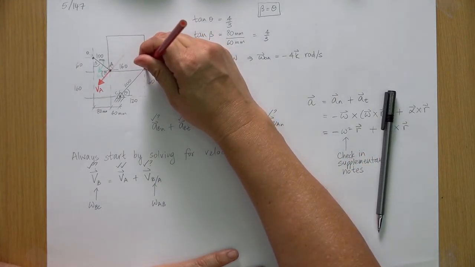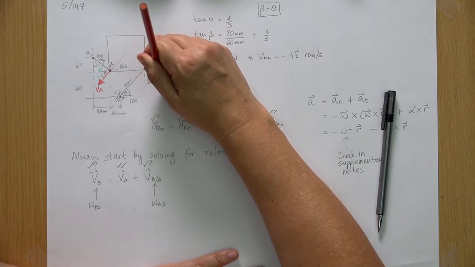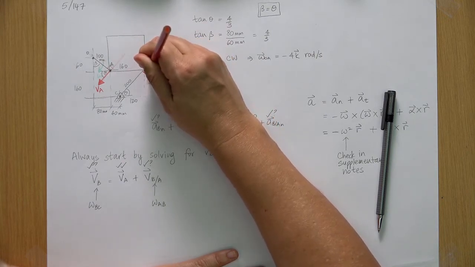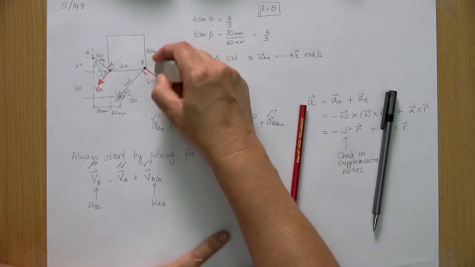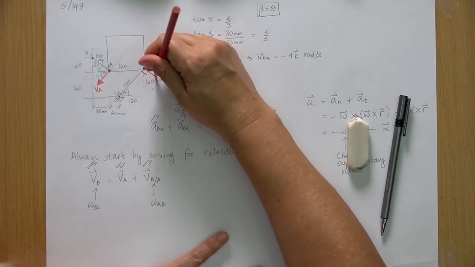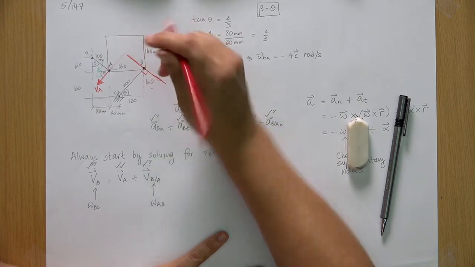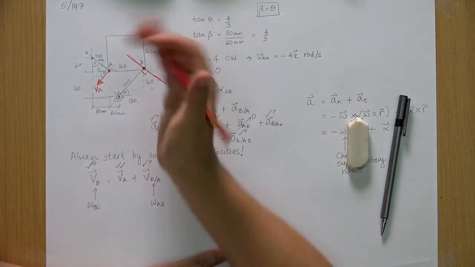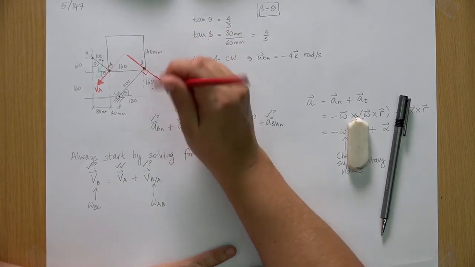VB is moving in a circle around C, so it is perpendicular to BC. Sorry, I don't know the direction. Depending on whether BC is rotating clockwise or counterclockwise, it might be moving up or down.